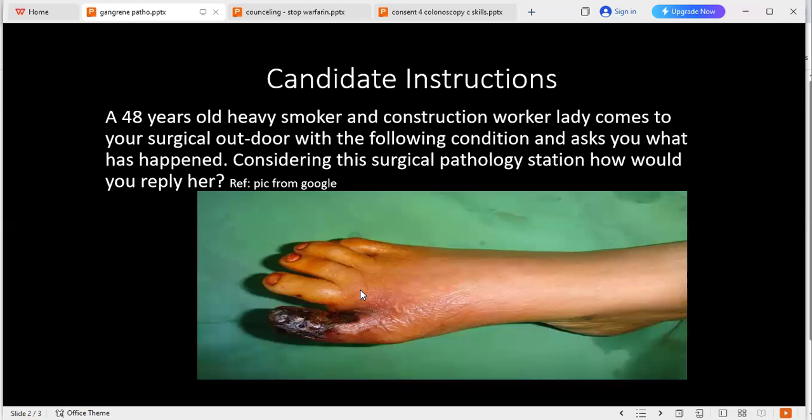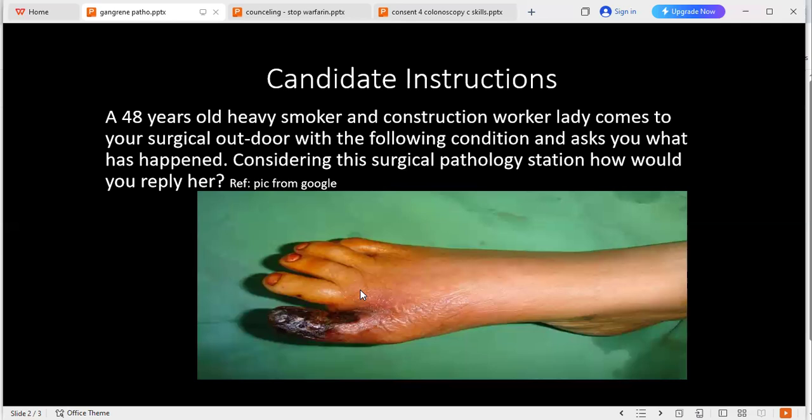Okay. Right. So what are the complications that you can expect if you don't manage the patient on time? What are the complications that you should be aware of? The first and foremost would be sepsis. So we need to avoid the patient's necrosed part getting infected.